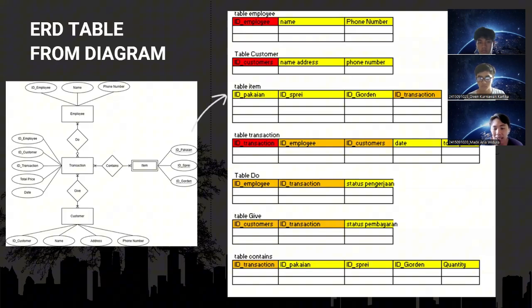The table item has ID pakaian, ID spray, ID gorden, and ID transaction. And because there is many-to-many, we make another table, table content. Table content has ID transaction, ID pakaian, ID spray, ID gorden, and quantity.